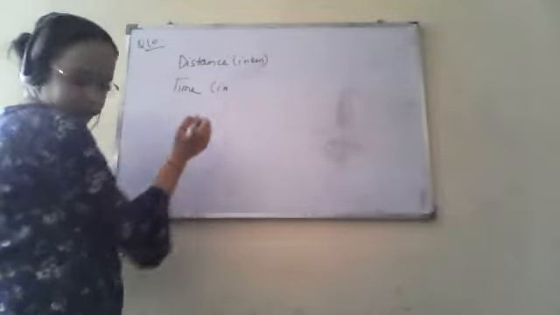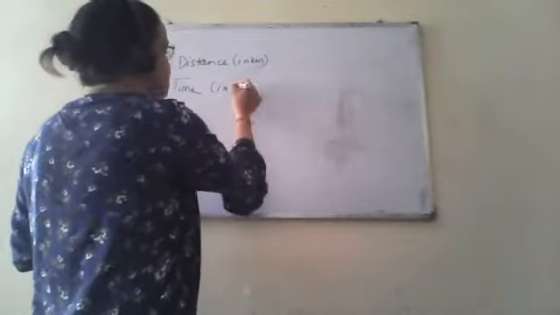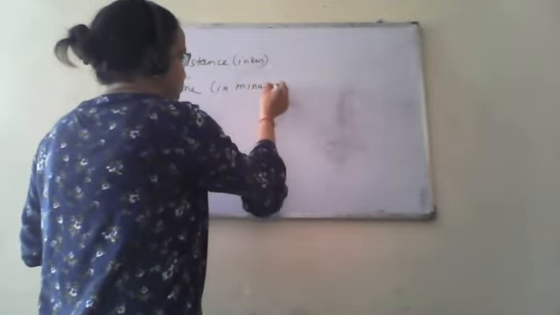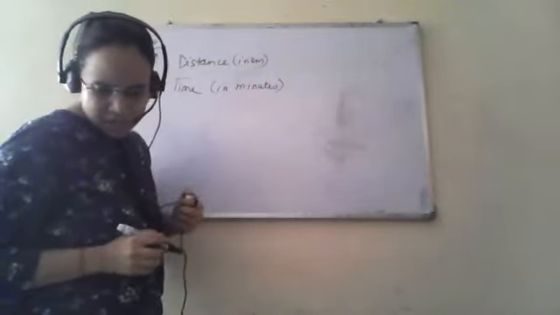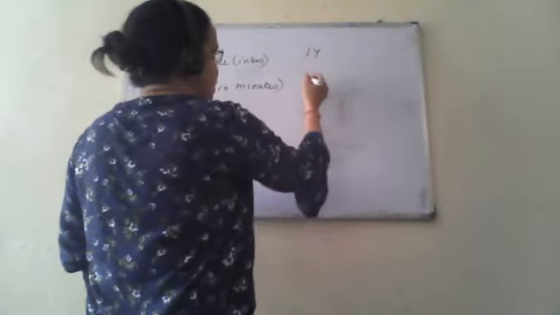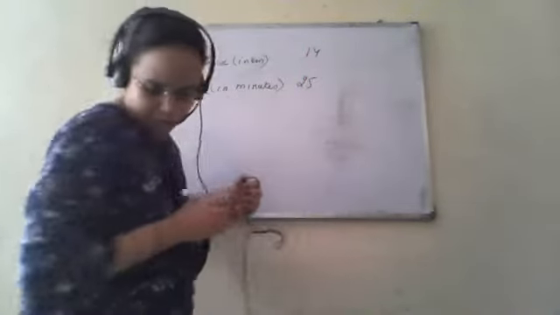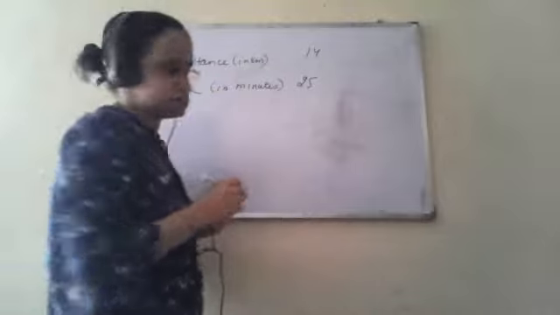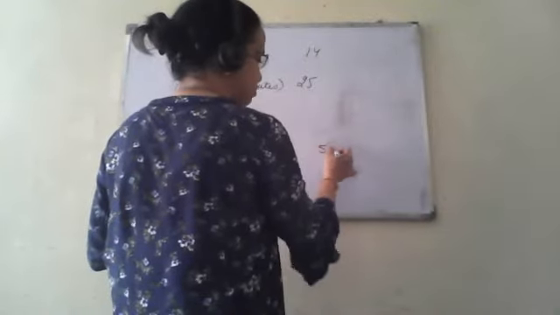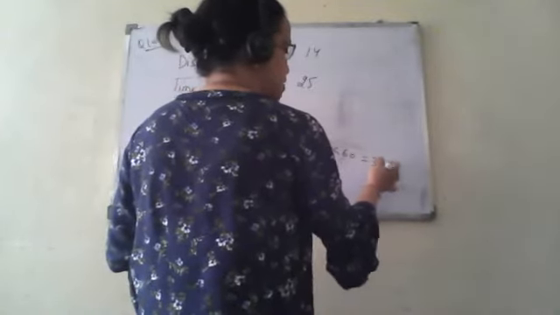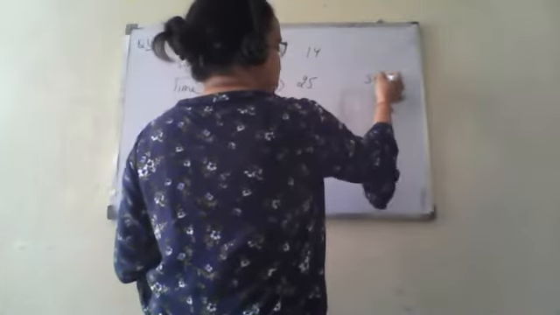Okay, we will convert 5 hours into minutes. So in the first case, it was 14 kilometers in 25 minutes. So we have to calculate the distance it covers in 5 hours. 5 hours is 5 into 60, that is 300 minutes.